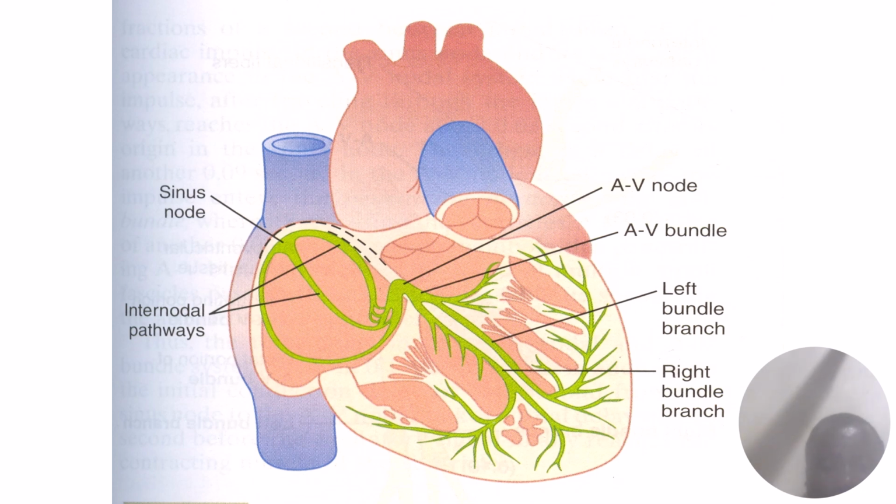The AV node is connected to the Purkinje fibers through what is called the AV bundle of His. It was described by His, so it is called the bundle of His. The bundle of His divides into right and left branches, which end up in the finer, smaller Purkinje cells, which are also autorhythmic cells.